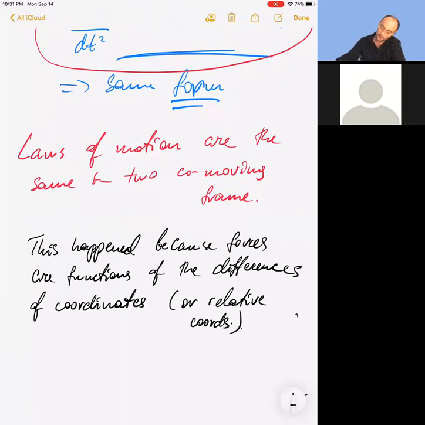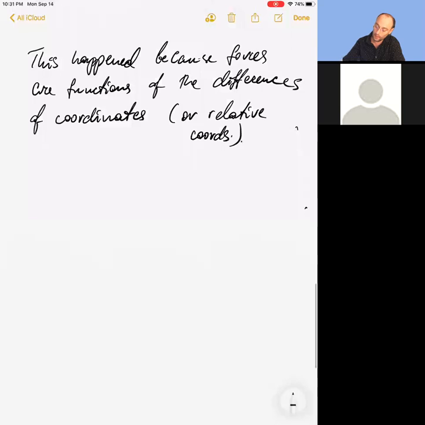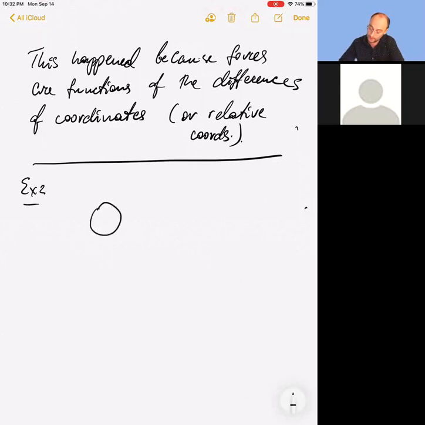I can give you another example. So this is example 2. Let's say you have the sun and the earth, right? So this is sun and this is earth.